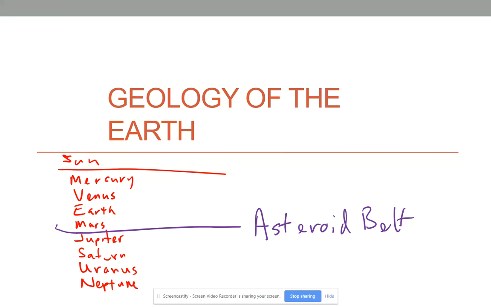Some people say, yes, it's a region where it's not stable for a planet to form because the gravity of Jupiter is too strong and Jupiter would shred a planet if it was in that region. And so this must be the result of something that was trying to form there that Jupiter shredded. We'll learn later more about the asteroid belt, but that's one explanation of why we have a bunch of asteroids there.